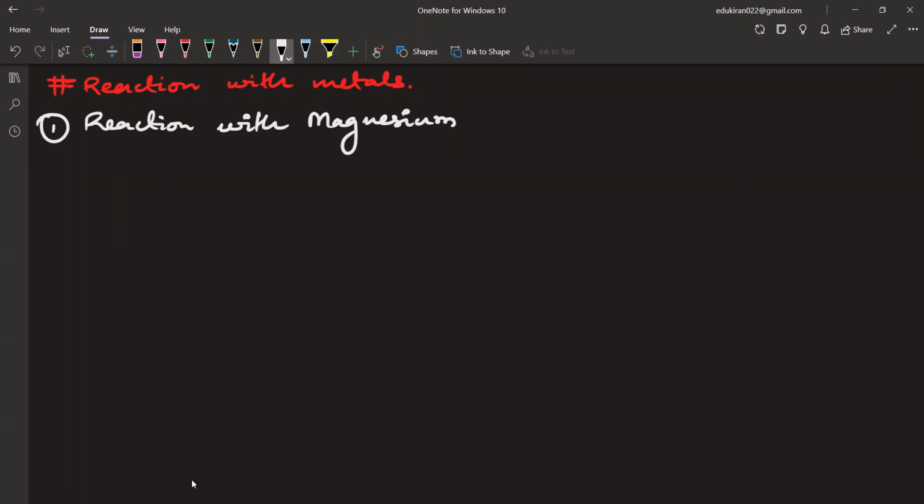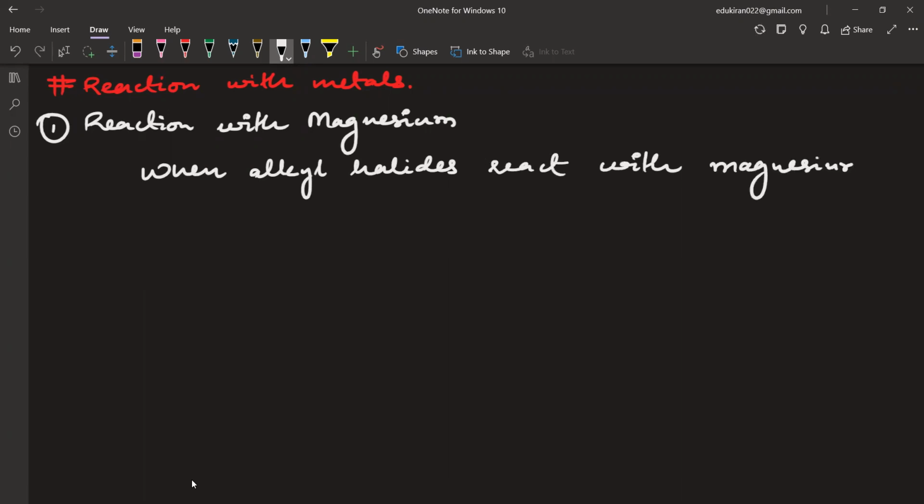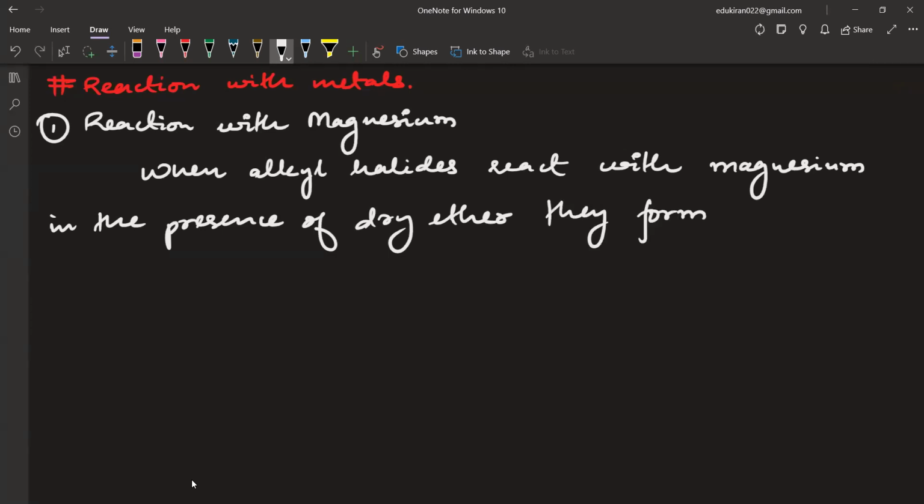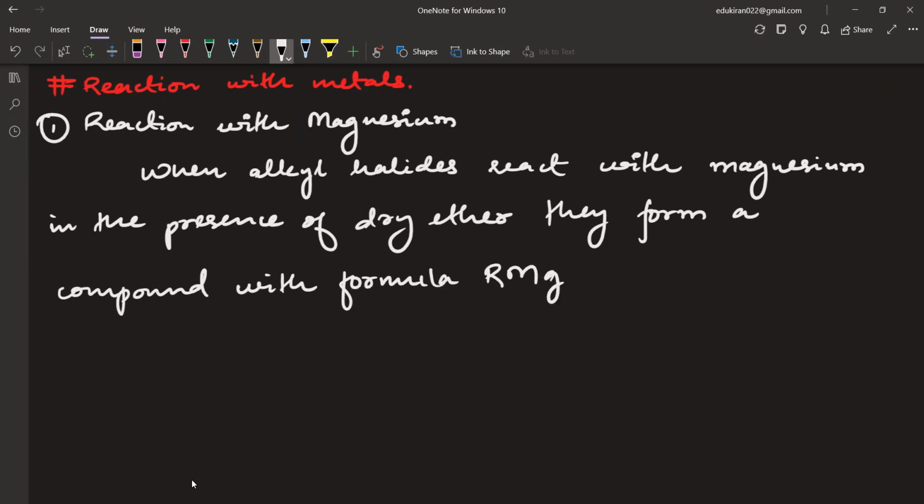For this you will write, when alkyl halides react with magnesium in the presence of dry ether, they form a compound with formula RMgX.